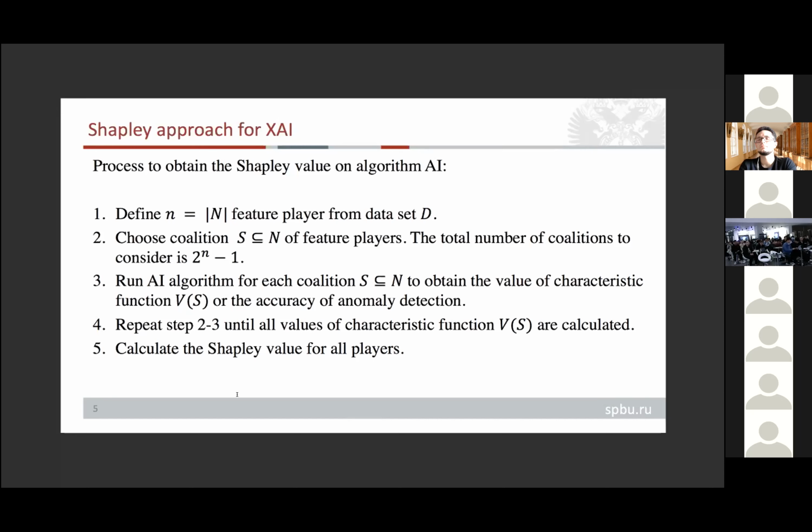The third step is to run the AI algorithm to obtain the characteristic function for each coalition. Usually for an anomaly detection system, we define prediction accuracy as the characteristic function. Then we repeat steps 2 to 4, and we can obtain all characteristic functions. Finally, we use the equation of Shapley value to calculate the contribution of the different features.